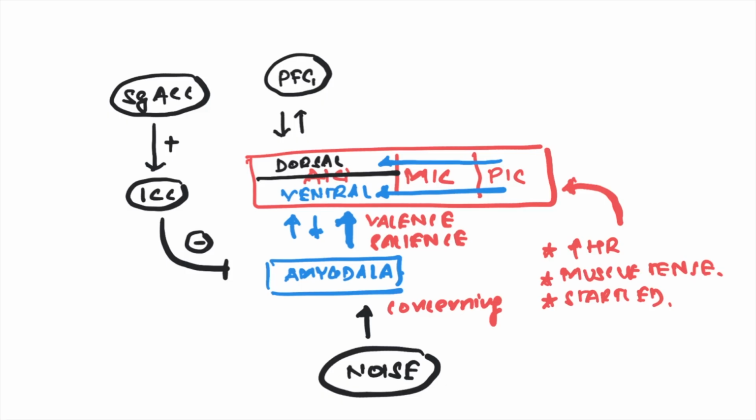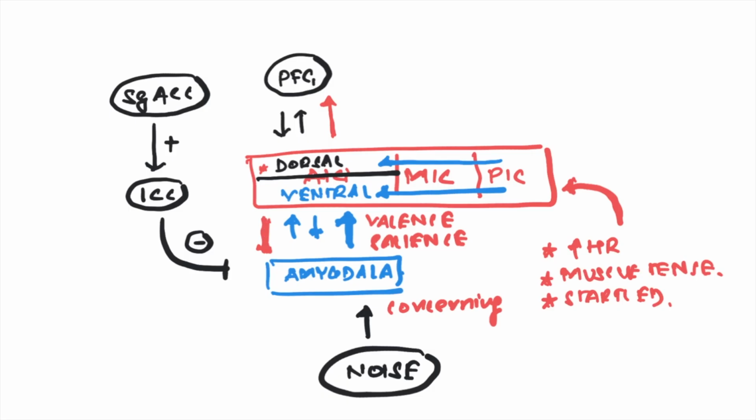This particular information will be carried by the dorsal anterior insular cortex to your prefrontal cortex. At the same time, this information is also carried into your amygdala, right?